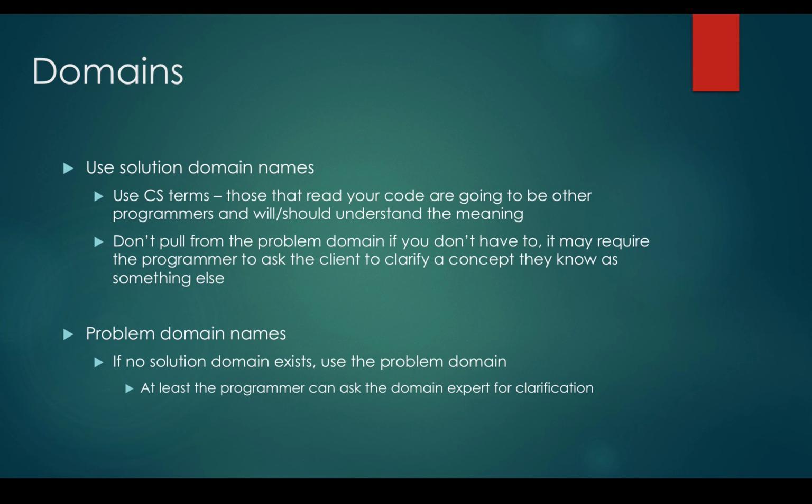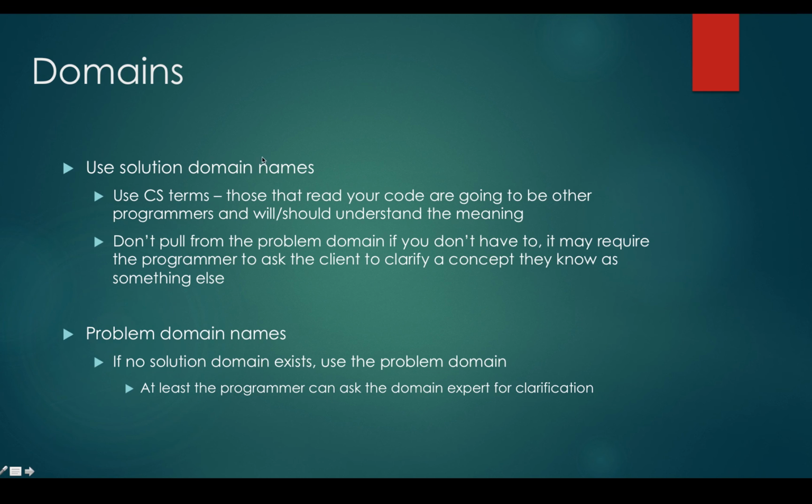Use solution domain names first, and what these domains are just talking about. When you're looking at naming, you can use CS terms. If you're looking at your code, you can assume that you're going to understand it. If somebody else is going to look at it, you can assume then that they're a computer science person and that they'll understand the terms as well.